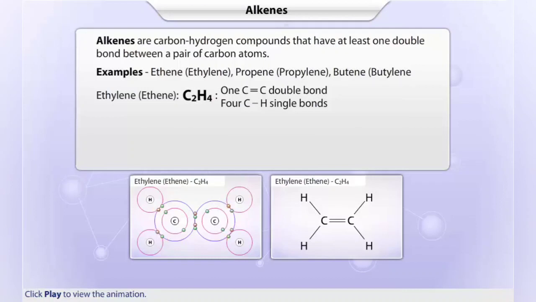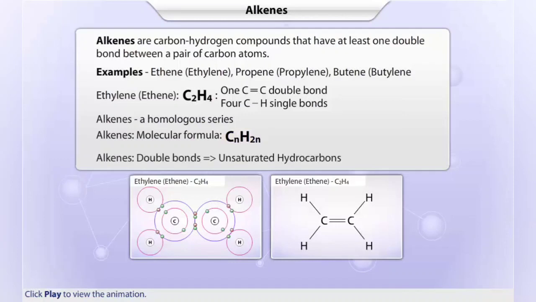In total, there are 4 C-H single bonds and 1 C=C double bond. Alkenes form a homologous series and are represented by the molecular formula CnH2n, where n stands for the number of carbon atoms. Because they are formed by double bonds between atoms, alkenes are called unsaturated hydrocarbons.